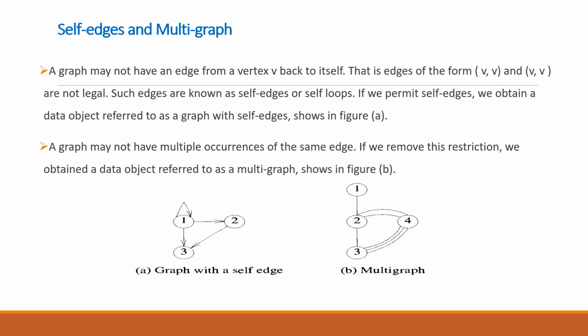If we permit self edges, we obtain the data object referred to as a graph with a self edge. Look at the diagram given here: a graph with a self edge. So 1 references 1 itself. So this type of edge we can call a self edge.